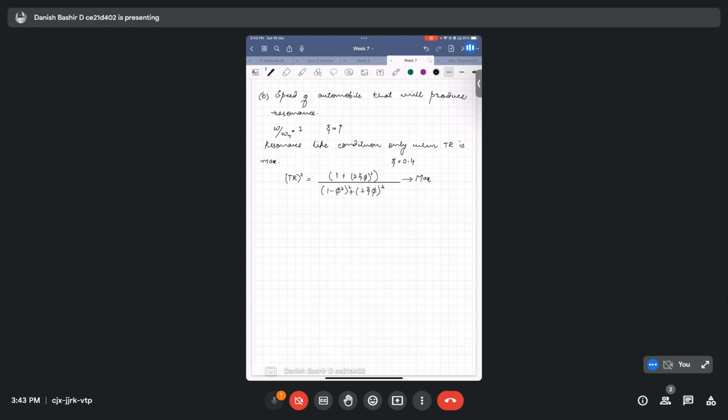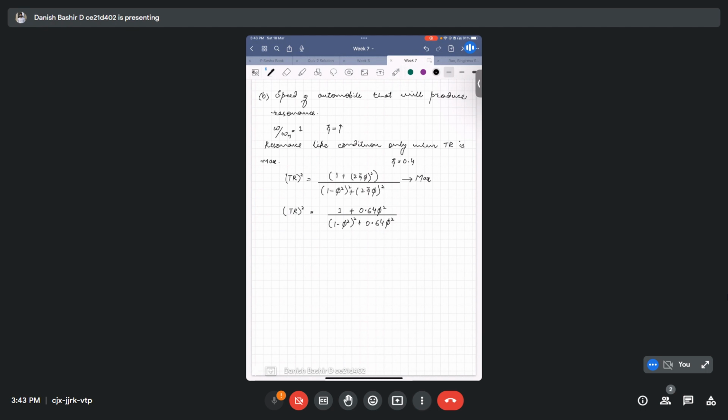0.4, we will have our transmissibility ratio squared as 1 plus 0.64 phi squared, divided by (1 minus phi squared) whole squared plus 0.64 phi squared.